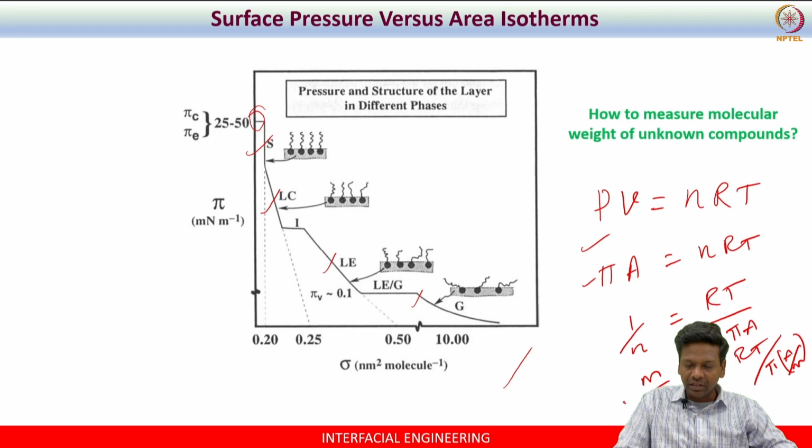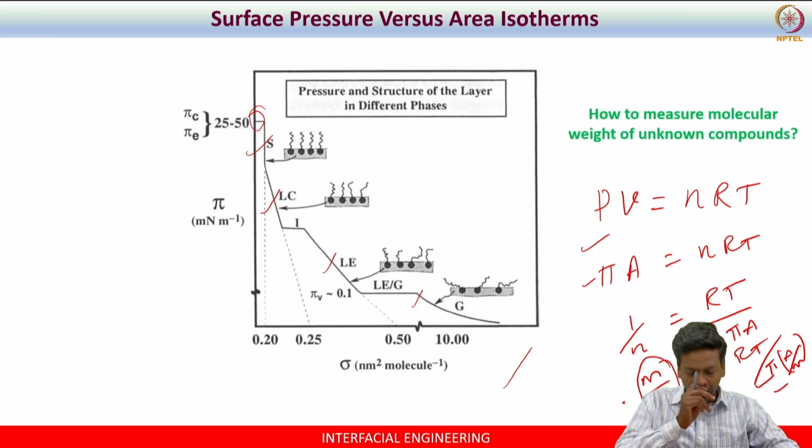If you know pi versus area per mass, that is, if you normalize the area corresponding to pi with respect to the mass of the sample, you will get pi A by m, right? In this way you can obtain the molecular weight of the unknown compound.